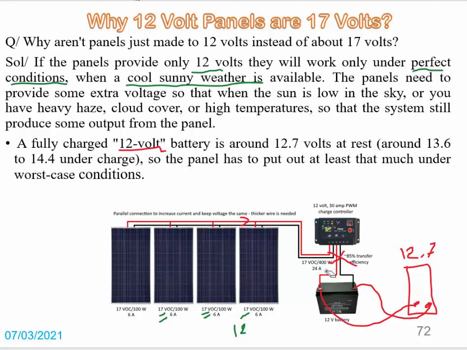But if the battery is under charging conditions, so it's still connected to the panels, and we measure the voltage of this battery, we can see the voltage is about 13.6 to 14.4. So the panel has to put out at least that much under worst case conditions.